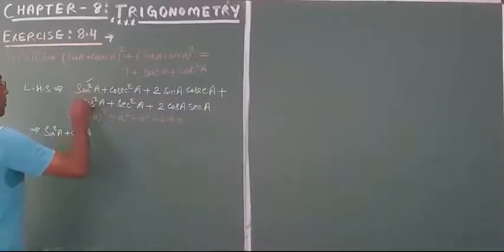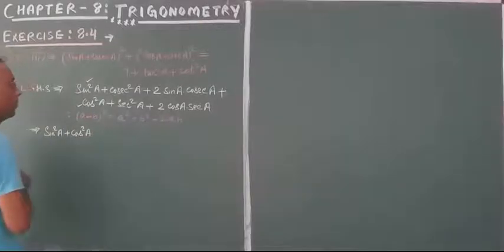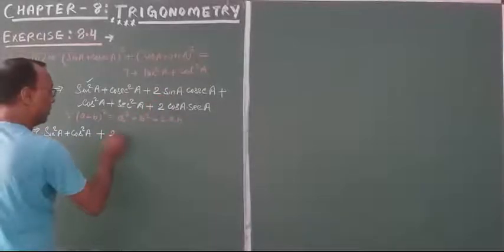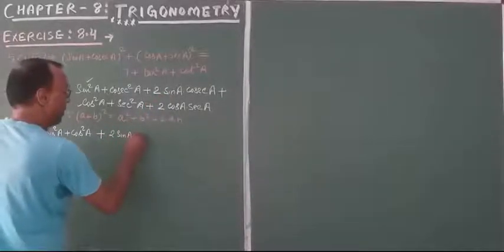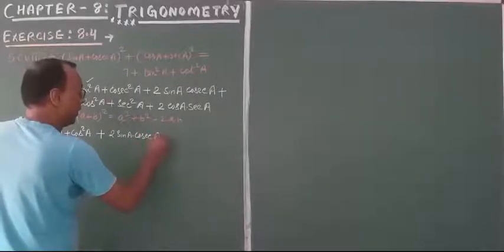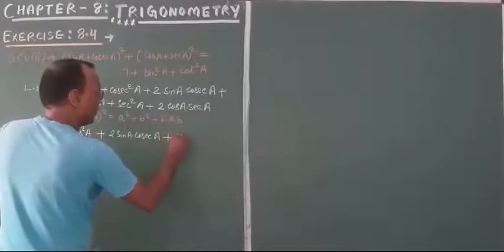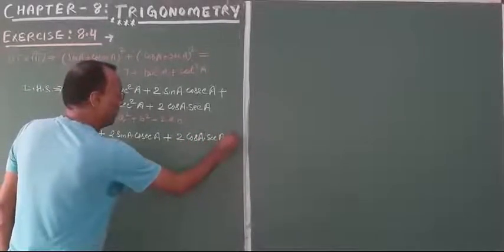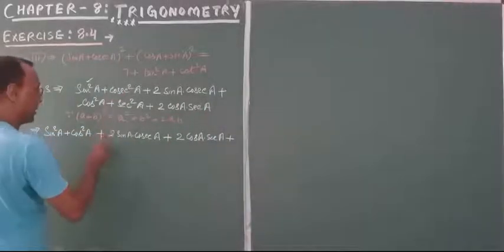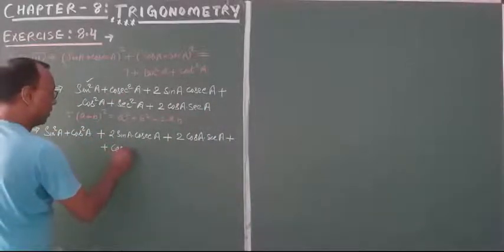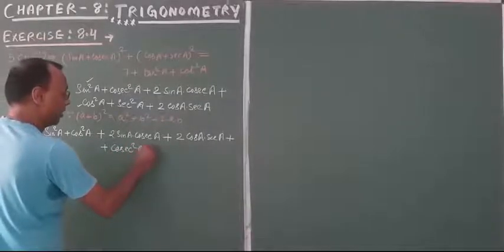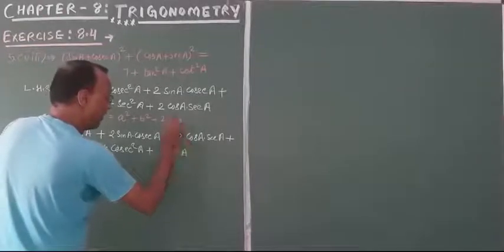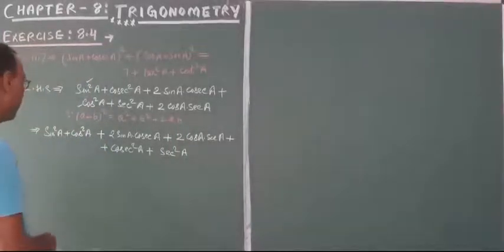These two. Okay. Plus this 2 sin a into cosec a together, plus this 2 cos a into sec a together, plus this cosec square a, plus this is sec square a.